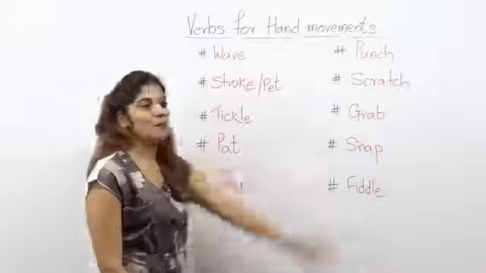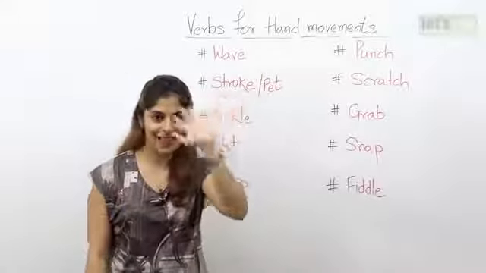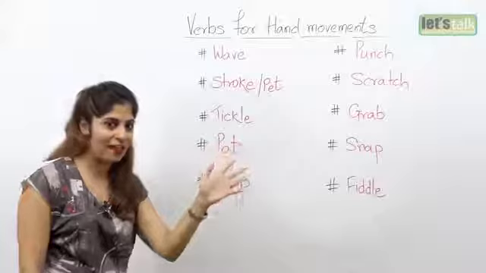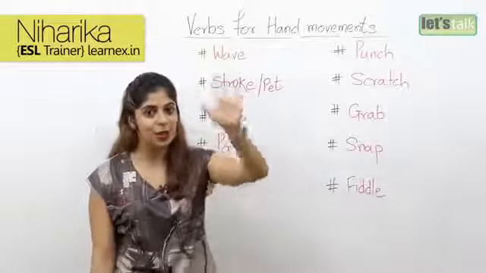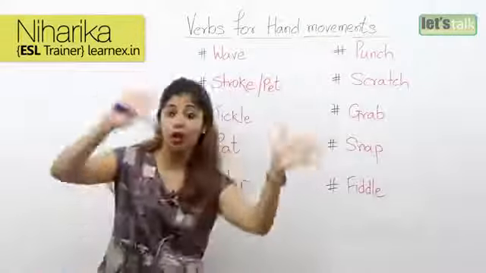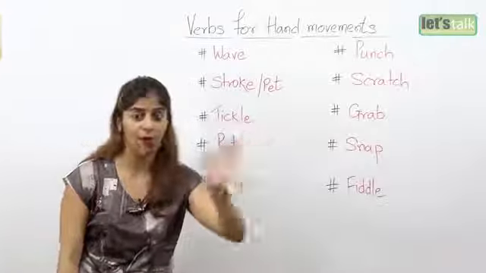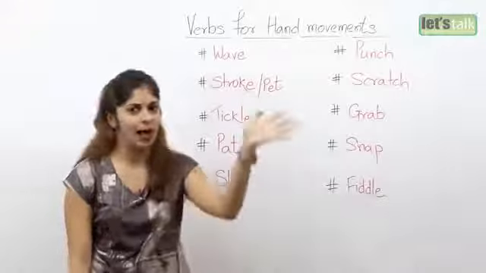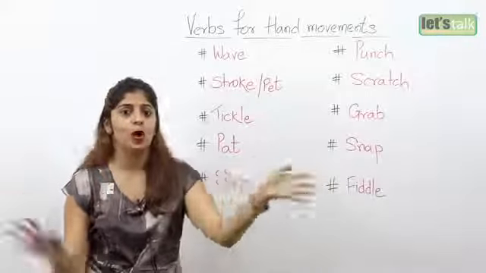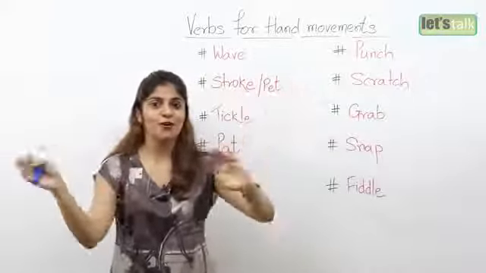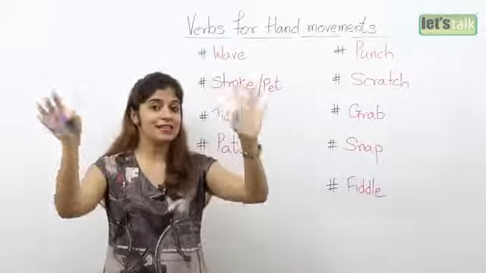The first verb, wave. That's how you wave your hand. So with an open hand, when you move your hand or your hands in the air, either to say hello or hi, or even say bye, or even to grab someone's attention, you do this, you wave your hands.